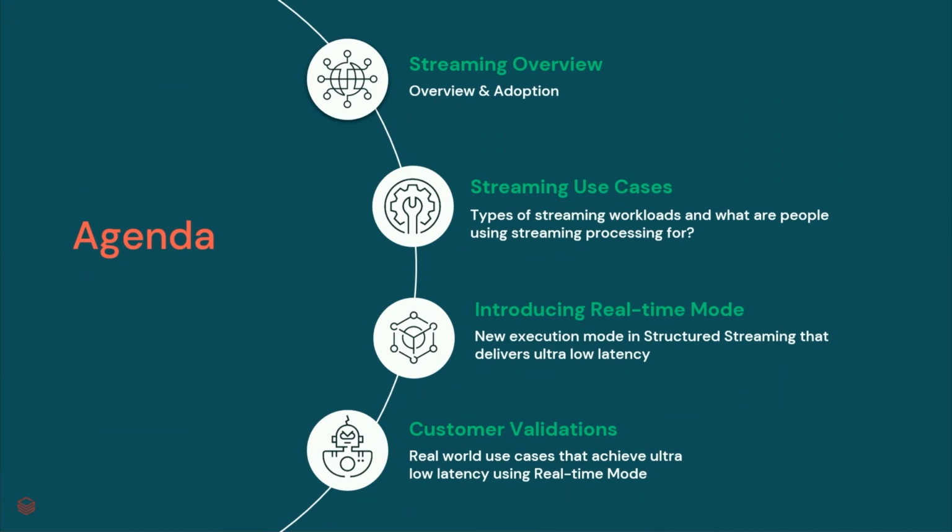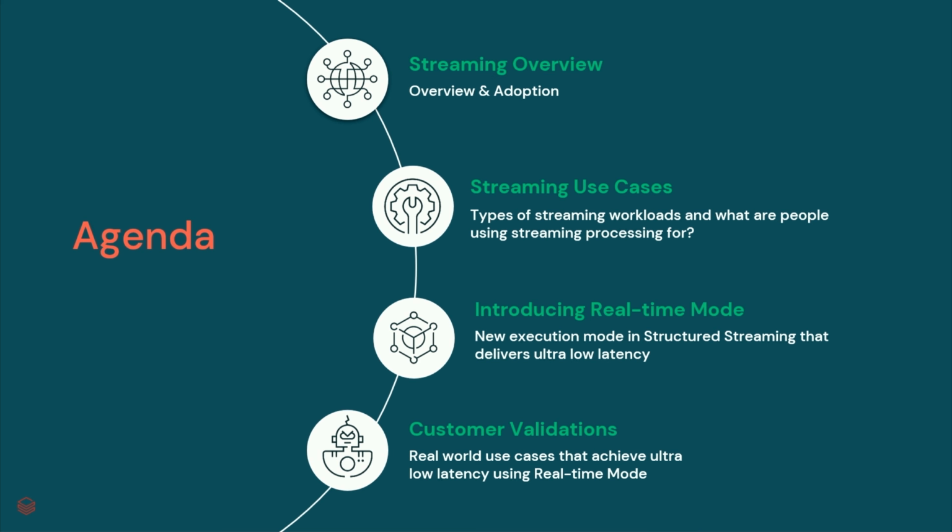So the talk is divided into four distinct parts. First, I will give you a streaming overview and adoption of it at Databricks, followed by what type of use cases Databricks pipelines run. Then we introduce real-time mode, Spark real-time mode. What is it, and what are the big ideas there?